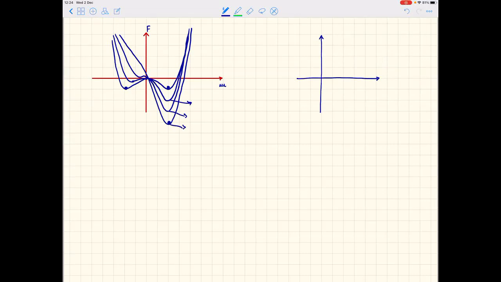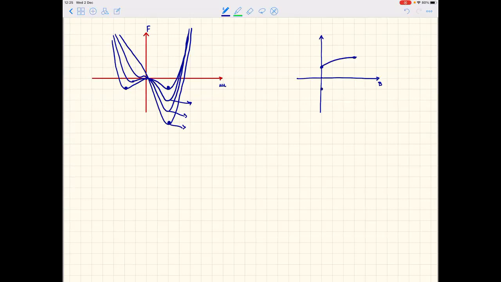But what happens is that if you initially had a positive magnetization, your magnetization will increase and increase and increase up to a certain point at which you stop your magnetic field.